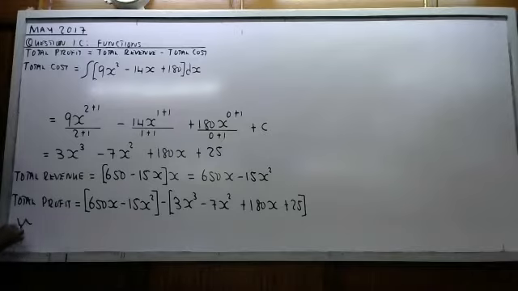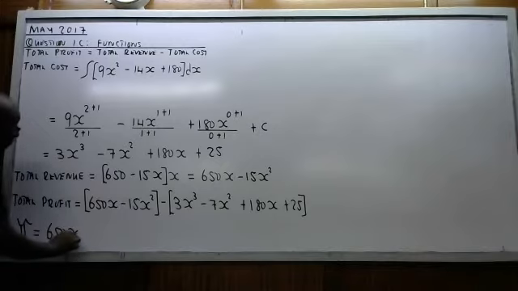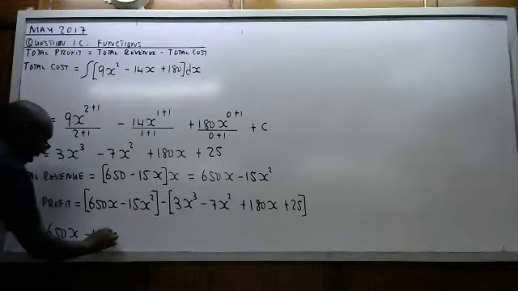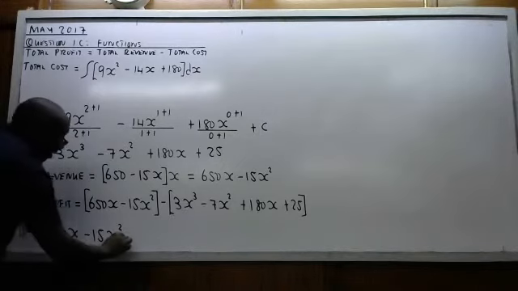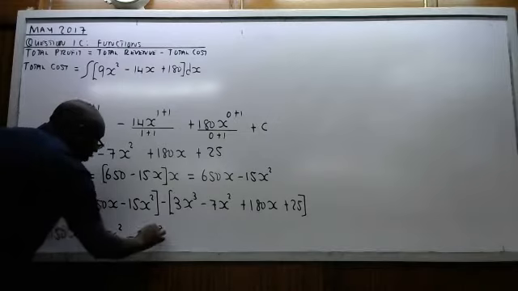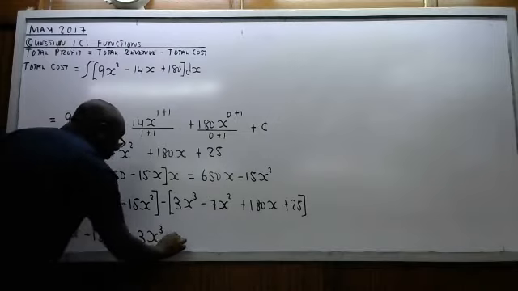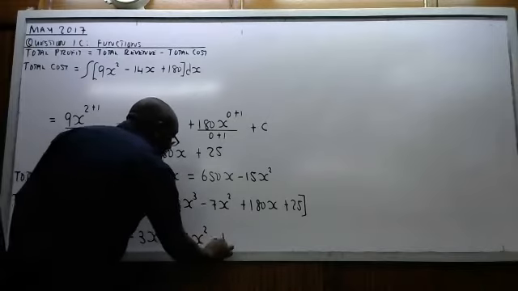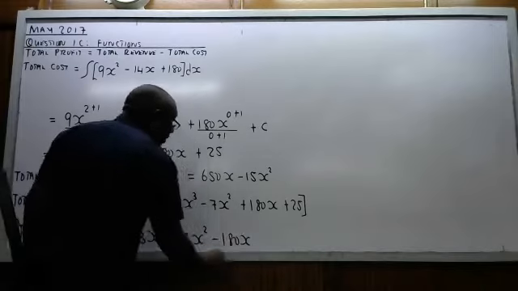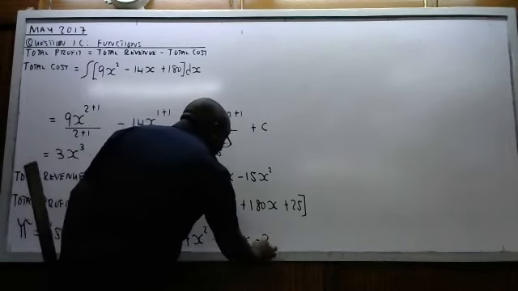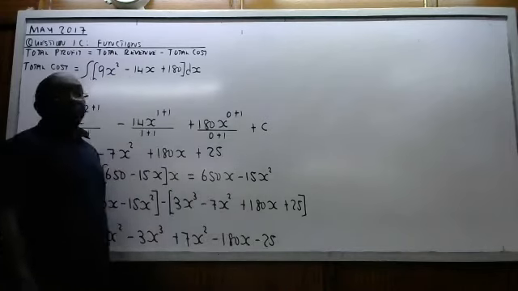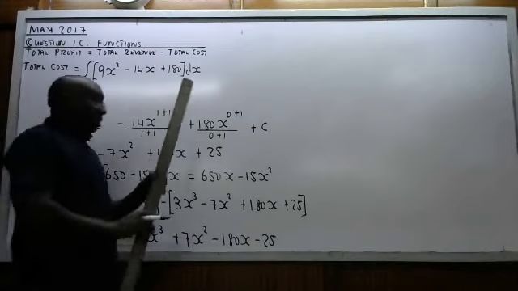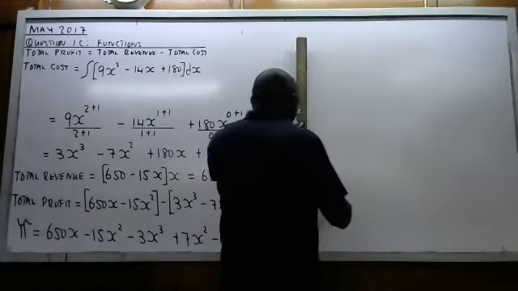So pi should then be 650x minus 15x squared minus 3x cubed plus 7x squared minus 180x minus 25.